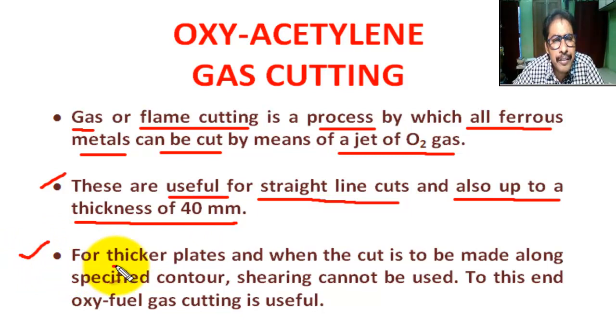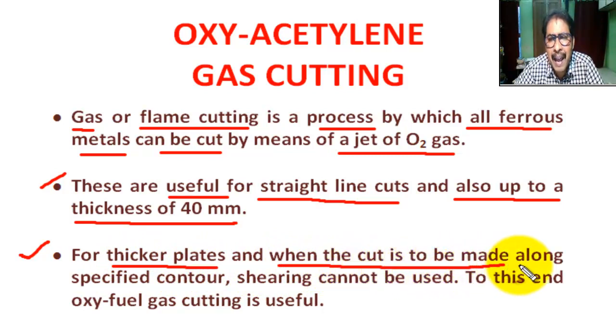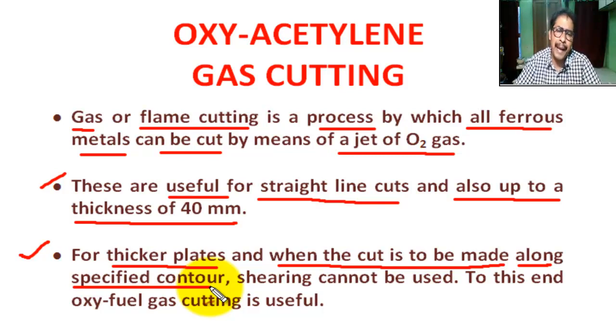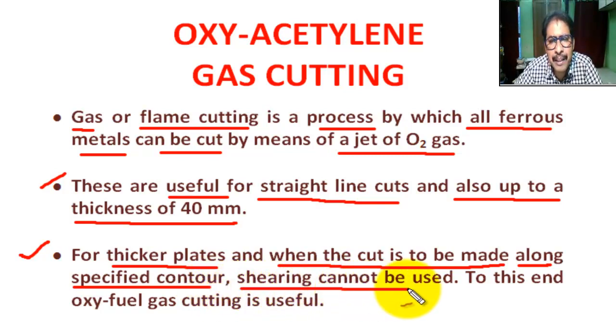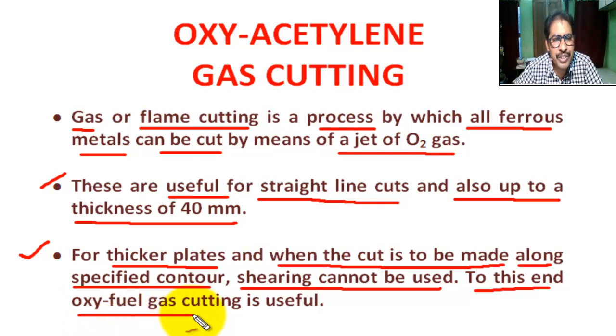For thicker plate, when the cut is to be made along a specified contour, maybe circular contour, maybe parabolic contour, any type of contour shape, shearing cannot be made. To this end, oxy-fuel gas cutting, oxy-acetylene gas cutting is useful.